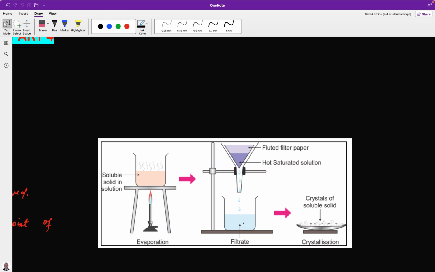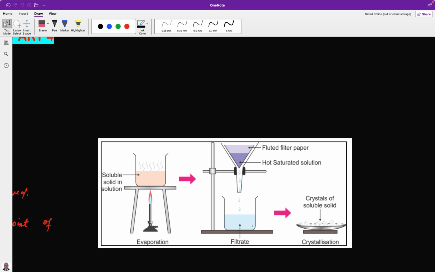The next step is crystallization. We are now going to evaporate the remaining water in this concentrated solution to a point where crystals are formed. When we start seeing crystals in the concentrated solution, the next thing we will do will be what?